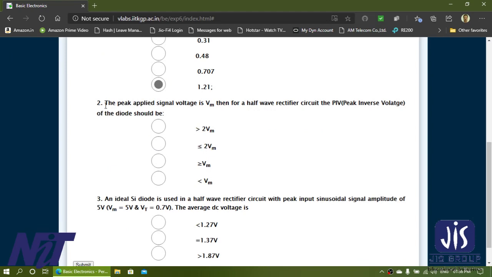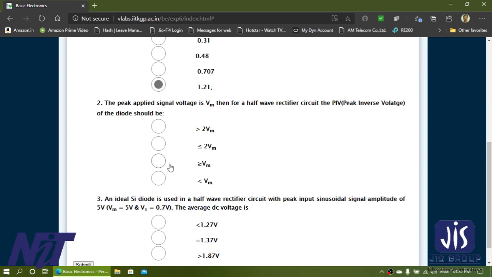Now question number 2: the peak applied signal voltage is Vm. Then for a half wave rectifier circuit, the PIV, peak inverse voltage of the diode should be? Remember the last slide in my presentation where I told you that PIV definitely should be greater than your negative VM.